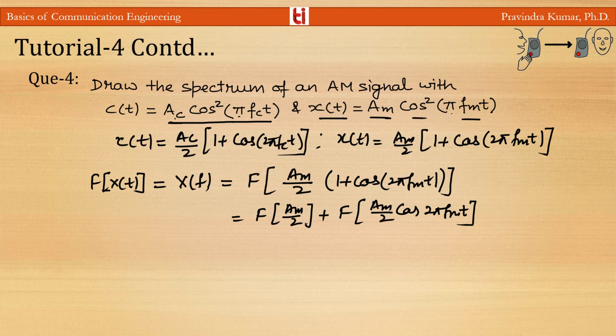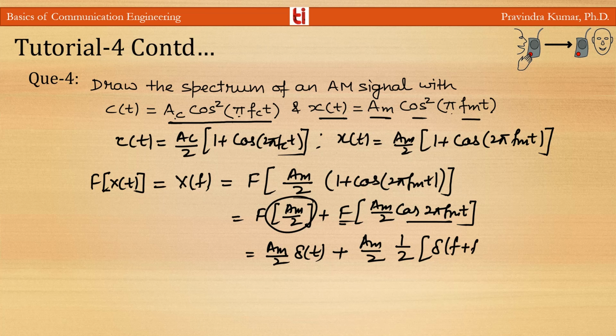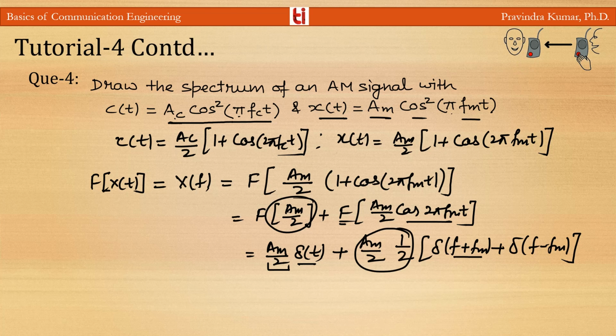The Fourier transform of this will be Am by 2 delta f, the impulse function, plus Am by 2 times the Fourier transform of cos, which is 1 by 2 of delta f plus fm plus delta f minus fm. We have this Fourier transform, so we can sketch it. Here you can see Am by 2 delta f at frequency 0 and Am by 4 at frequencies plus fm and minus fm.